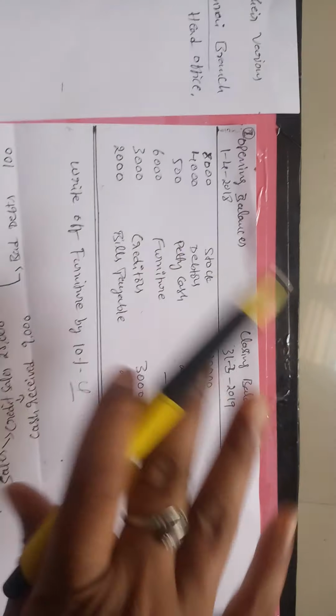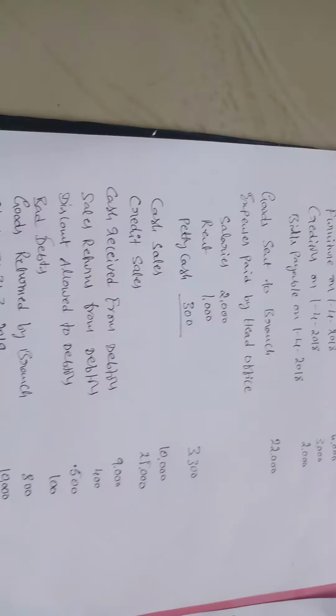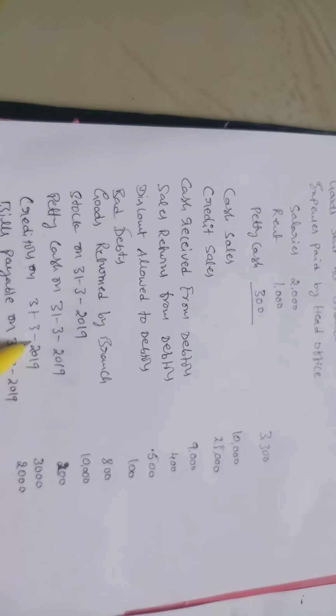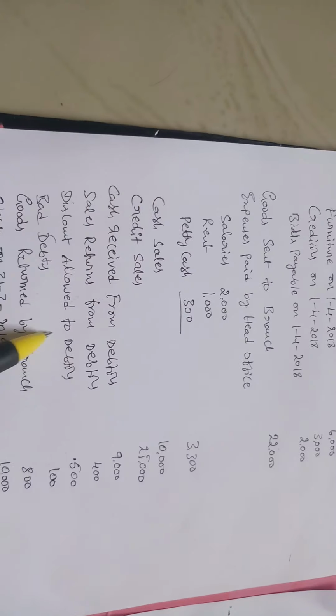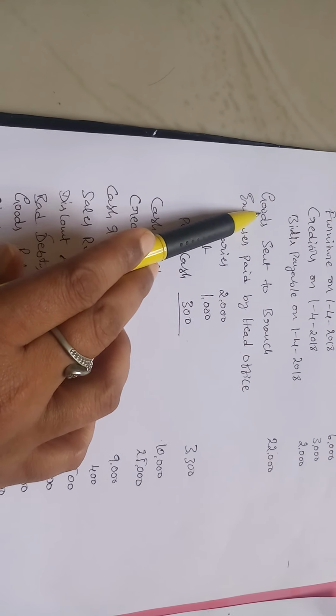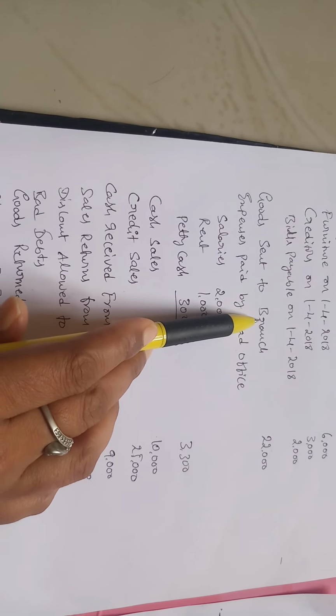Second, here opening and closing are finished. Next we have some other items, right? Second, I'm taking goods sent to branch. Related to goods sent to branch, I'm writing here.